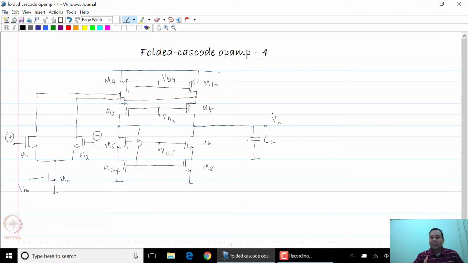When you are looking at the slew rate of the op-amp, for example, you might be in unity gain feedback and you are driving a capacitive load, and you apply larger and larger input steps, and at some point the output will not be able to follow in a small signal fashion, because there is a certain limitation on the rate at which the capacitance CL can be charged.